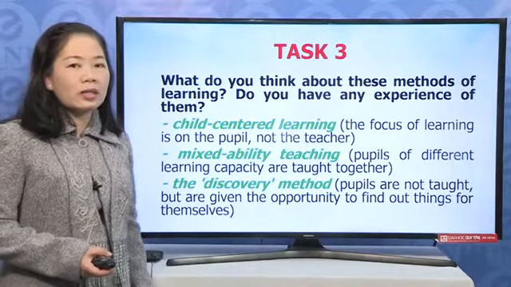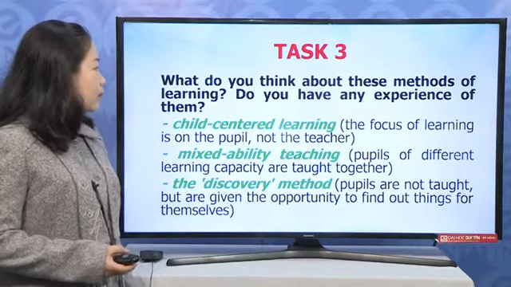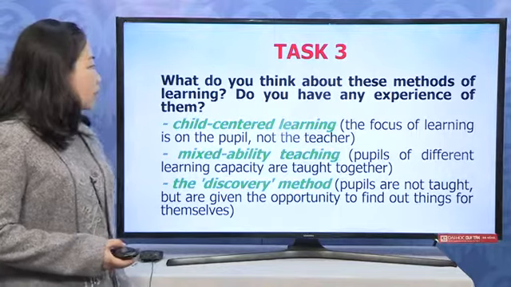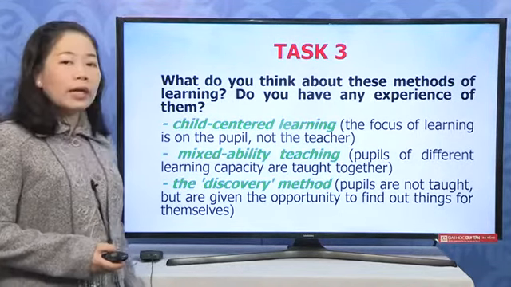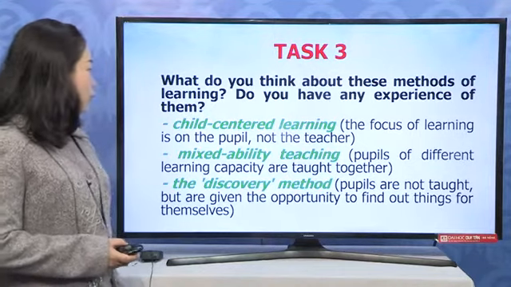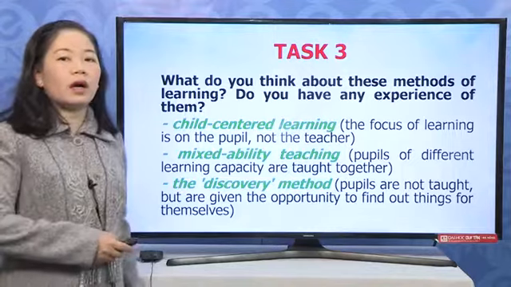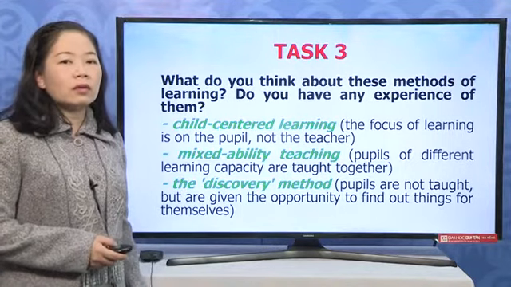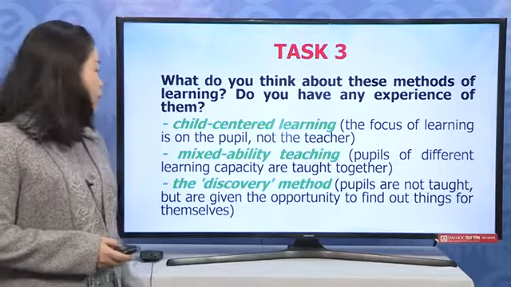What is child-centered learning? It briefly means that the focus of learning is on the children or the pupil, not the teacher. So you can see this method is now currently applied in kindergarten.